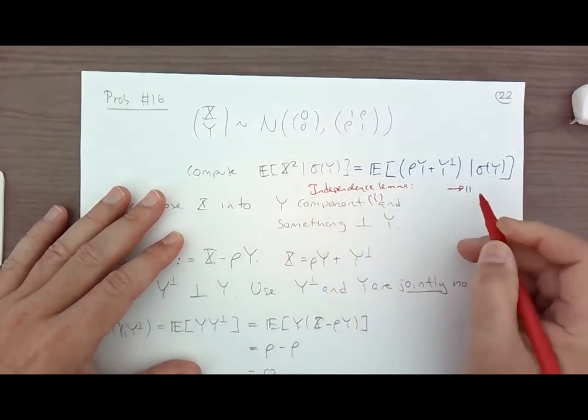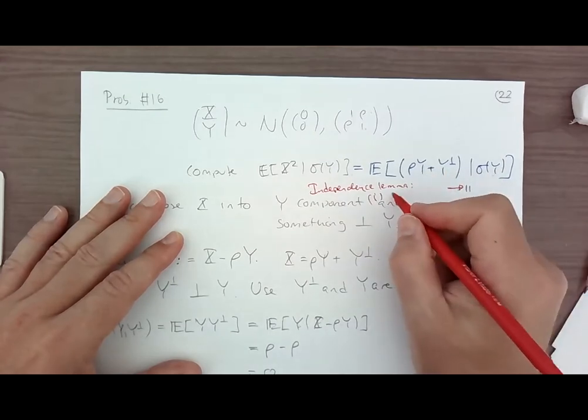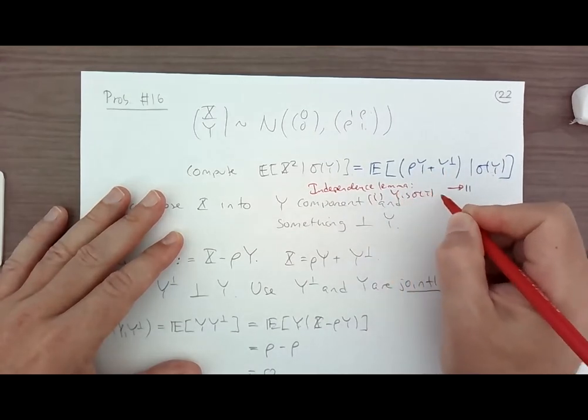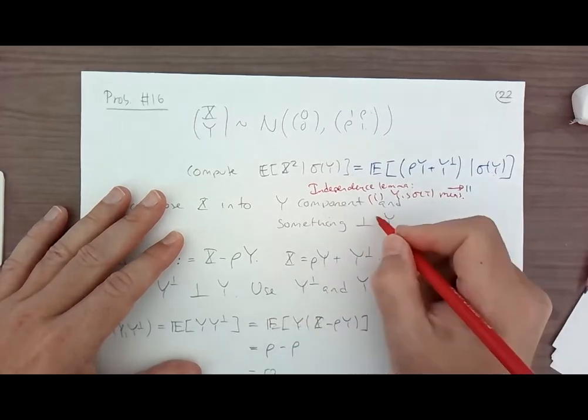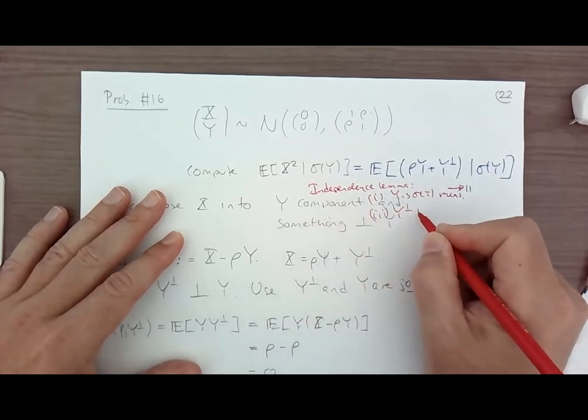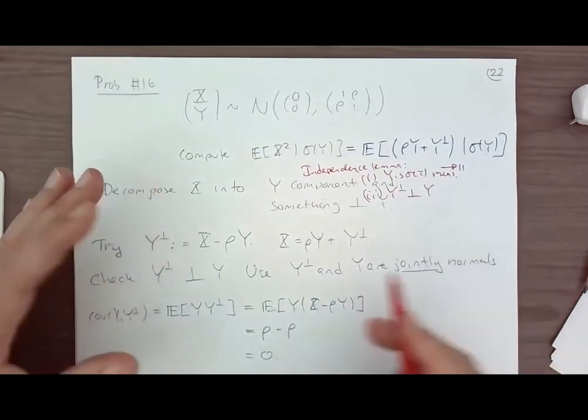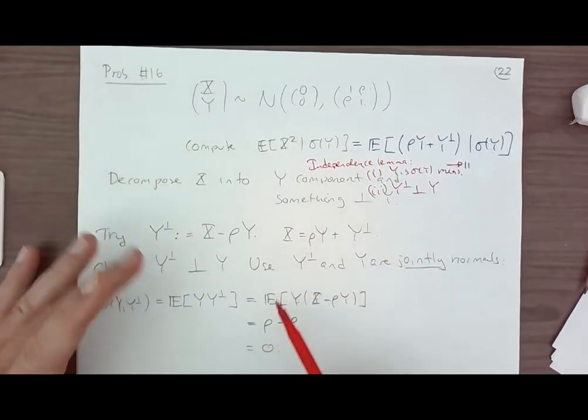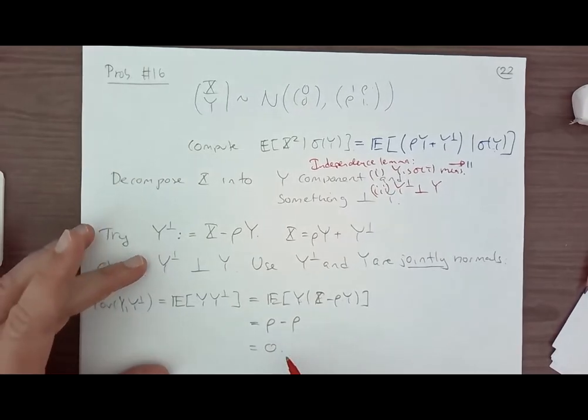We're going to need two properties. We're going to need that y is sigma y measurable. And the other one we're going to use is that y perpendicular is independent of y. The last one is what we established here. This is what shows that you have independence.